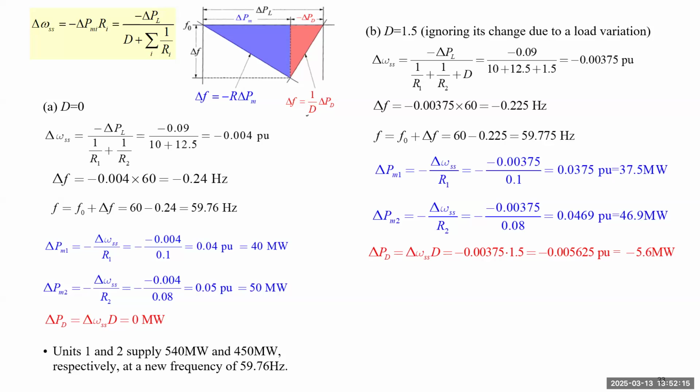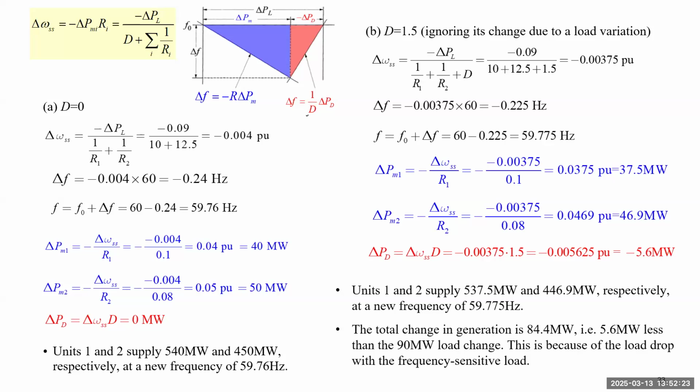Now if you add those numbers, just ignore the negative sign of the last one, that gives you exactly 90. So after this load change, the first unit will output 537.5, the second will be 446.9, okay? And the frequency will be 59.775.